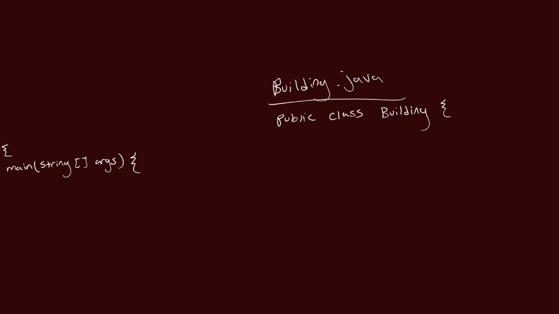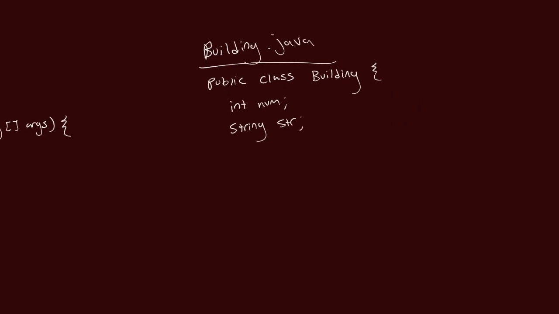Okay, then we do int num. This will contain the building number, and then let's do string str for street. Okay, so now let's set up our constructor, public building, and inside our constructor we'll set int number and then string street.